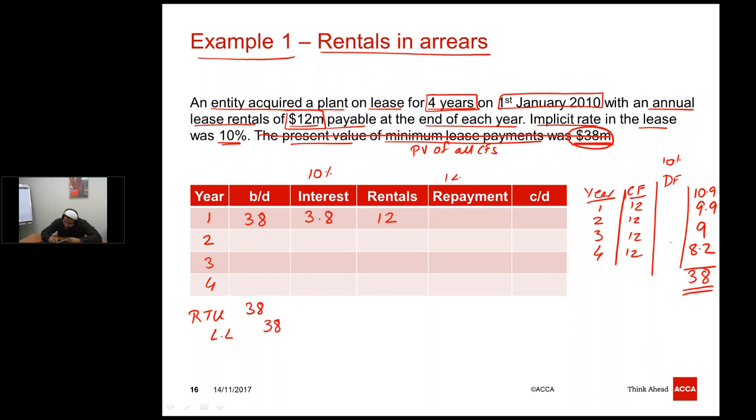So the repayment is 12 minus 3.8, which is 8.2, and the carried down is 38 minus 8.2, which becomes 29.8. This is how we have calculated the lease table for year 1. If there's any question you can ask.